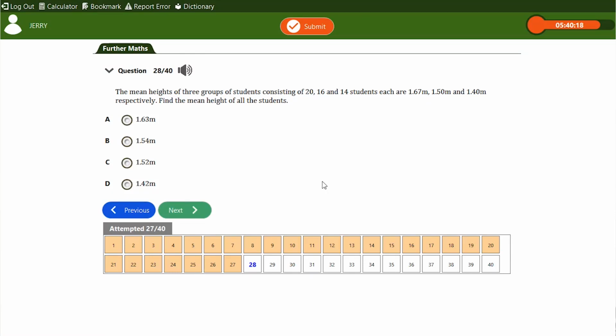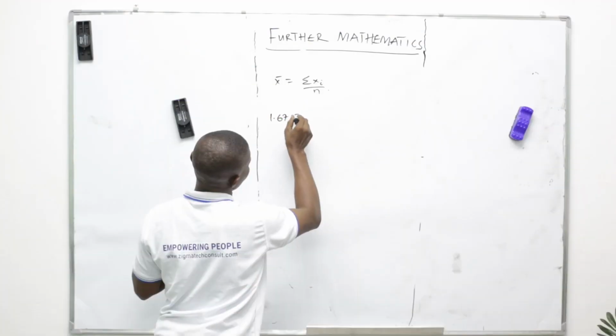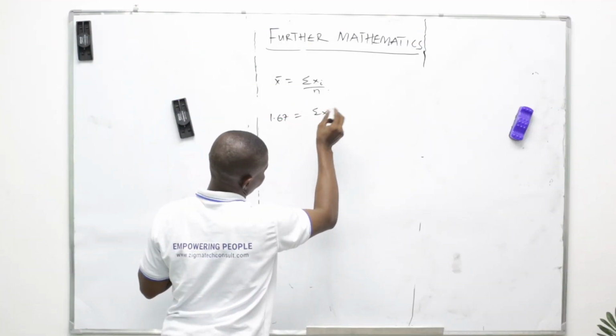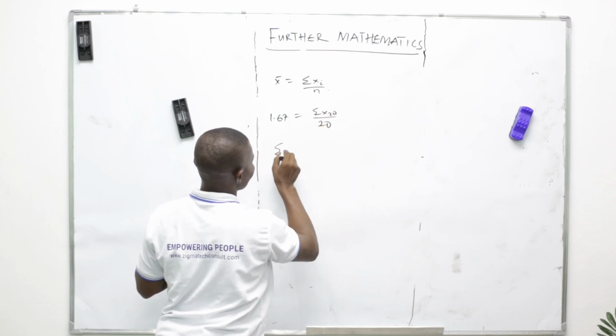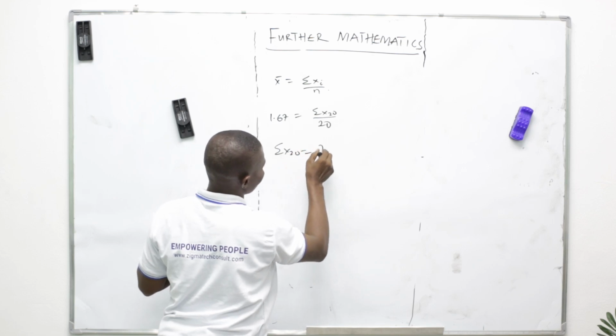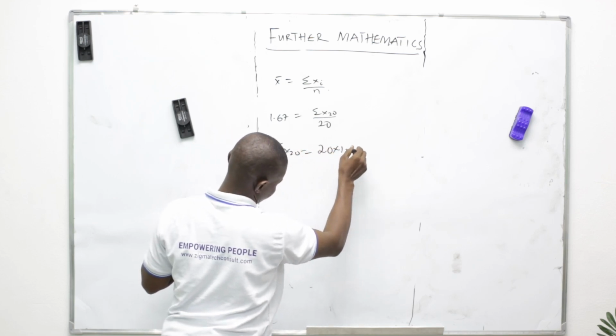If the mean of the first group, which consists of 20, is 1.67, it equals summation x for the first group, x20, all over how many of them? 20. And that's the summation x20 equals 20 times 1.67.